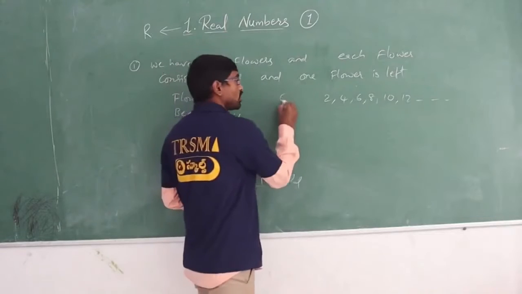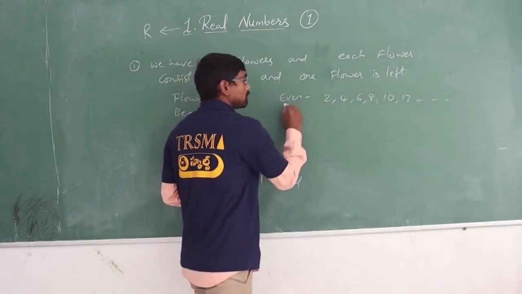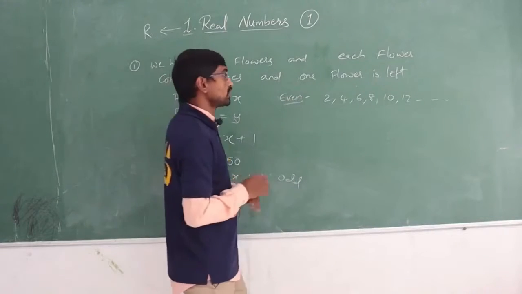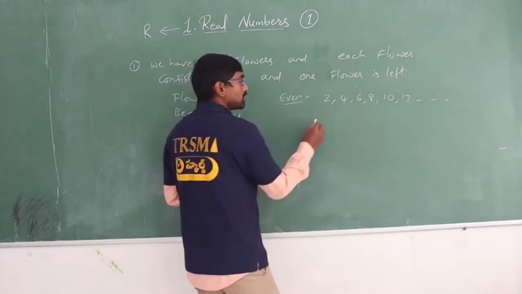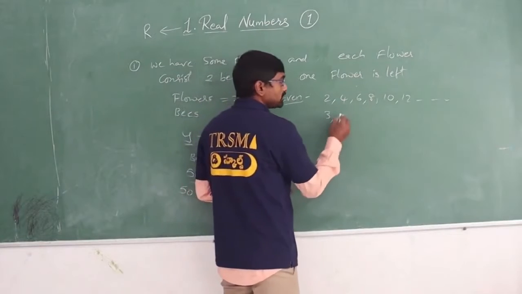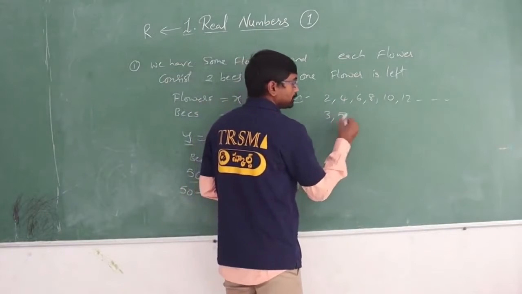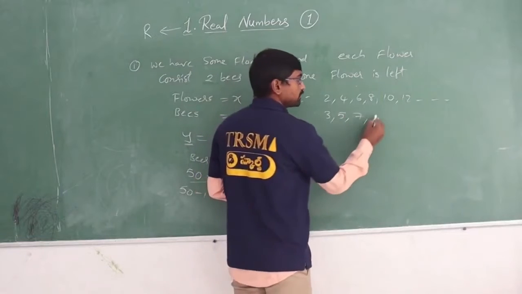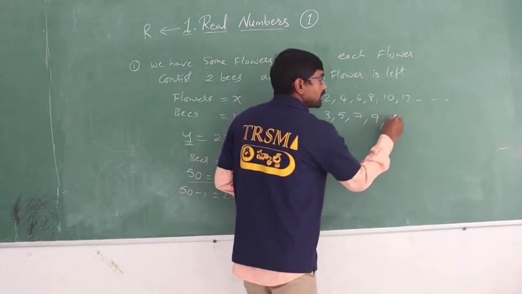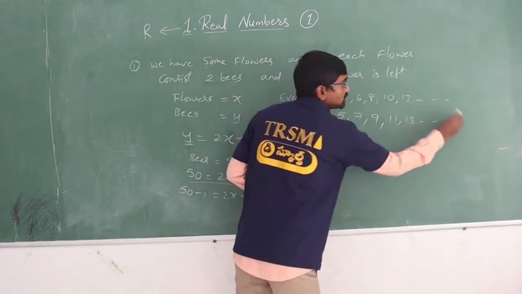The numbers which can't be divided by 2 exactly are 3, 5, 7, 9, 11, 13 and so on.